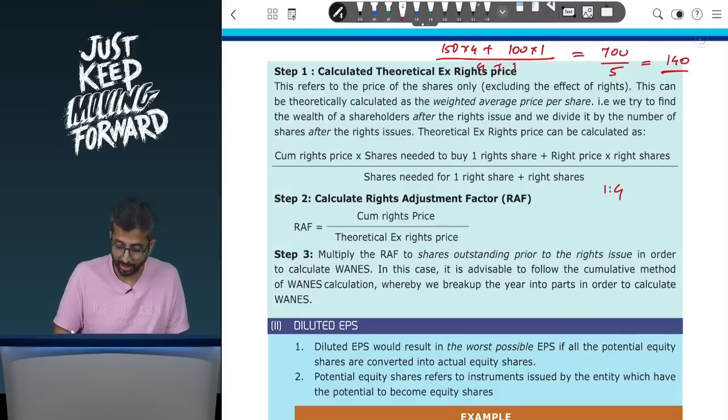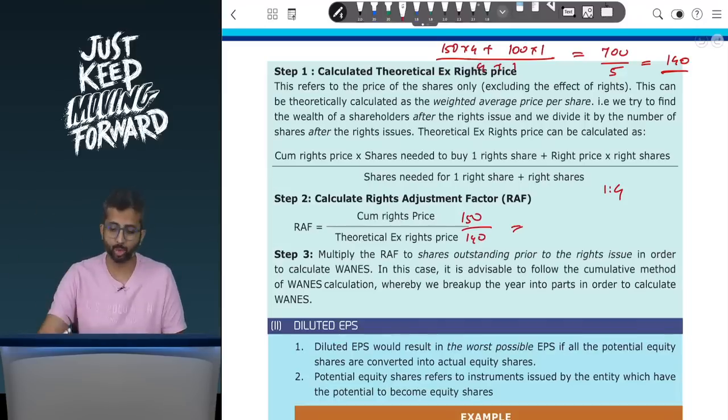But pre-rights my value was 150. So 150 divided by 140, that is equal to 15 by 14, or 1.0714, which will be your rights adjustment factor. So how will you calculate the EPS?